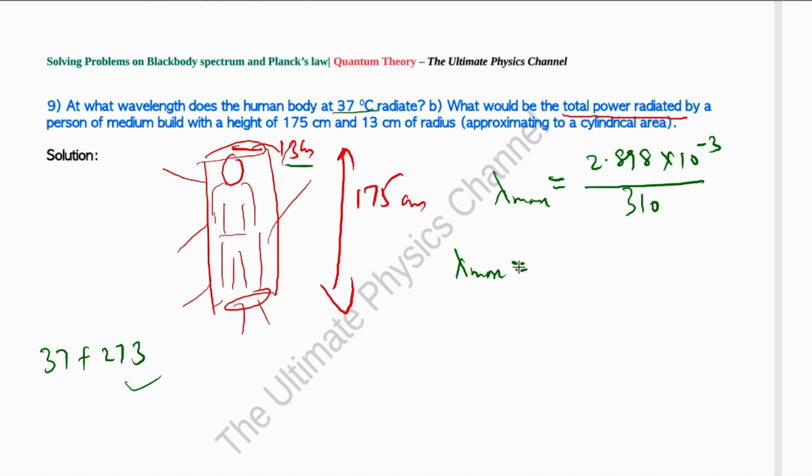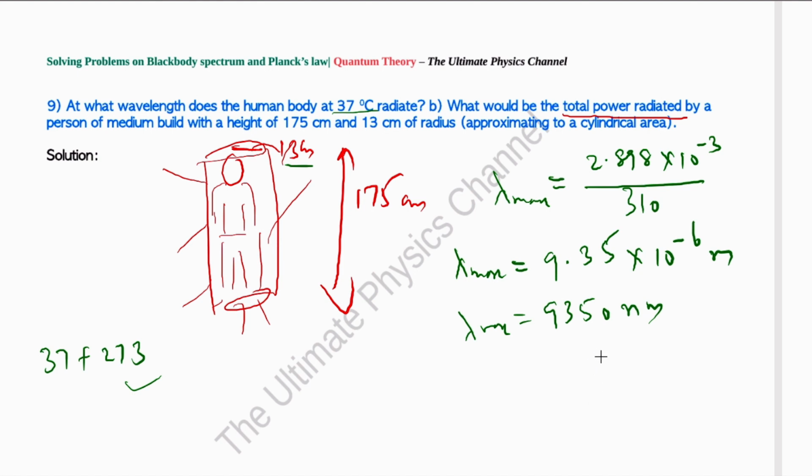that would be 2.898 over 310, that would be 9.35 into 10 power minus 6 meters, or about 9350 nanometers lambda max.